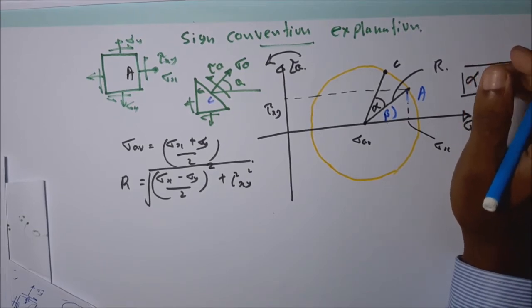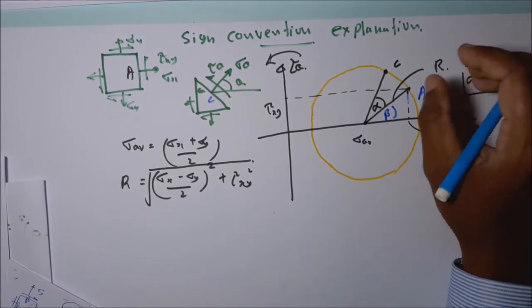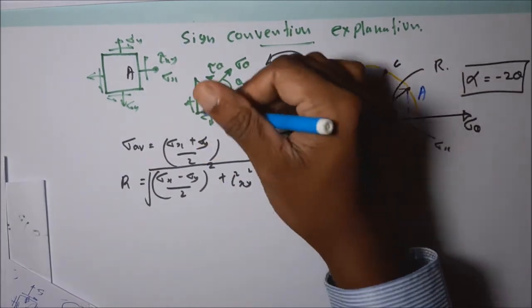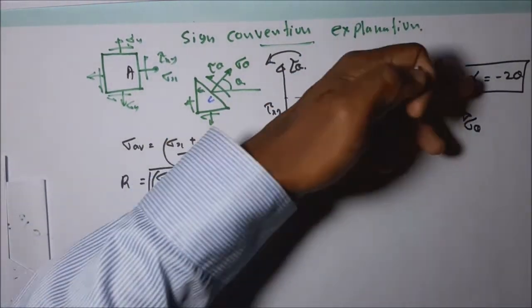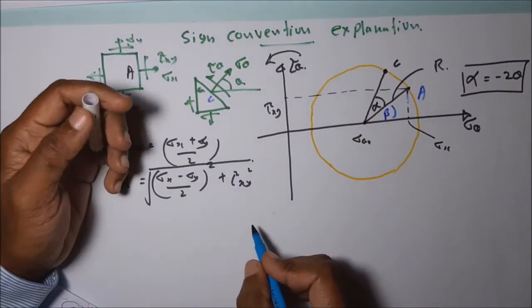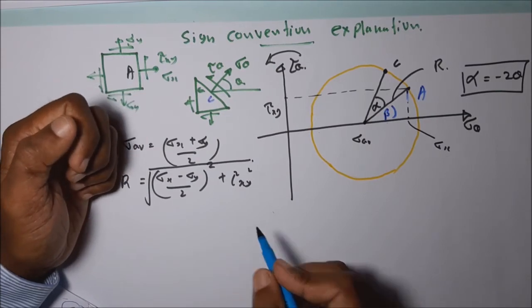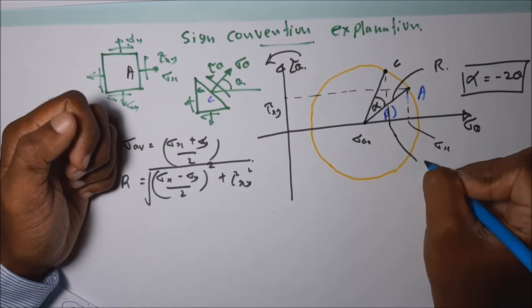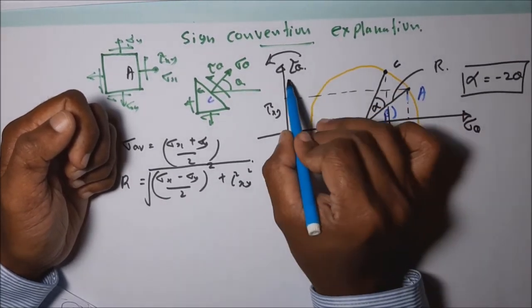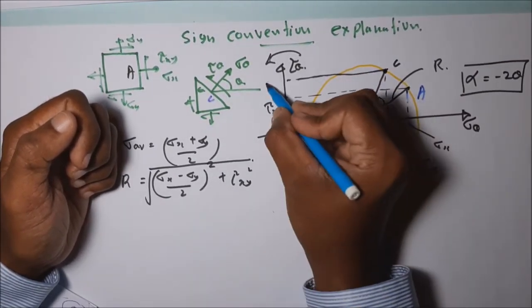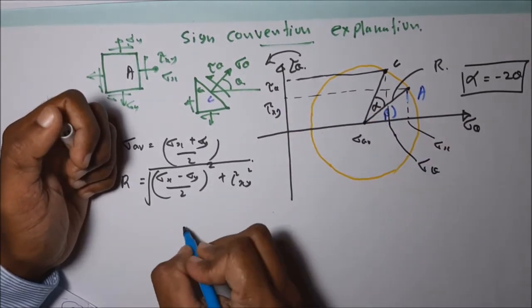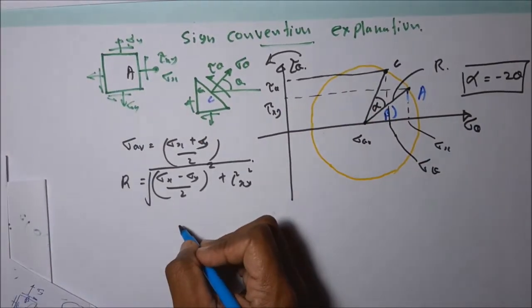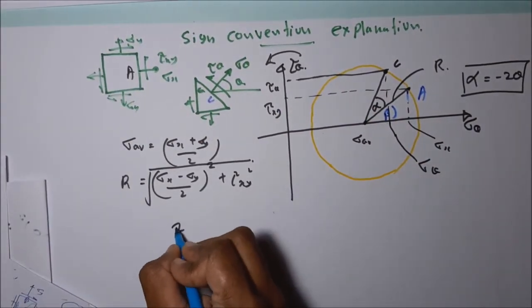If we can obtain this expression, that means we have to assign the sign convention according to that. Then let's take this one as sigma theta, and this one as tau theta. From the planar stress transformation equation, what is tau theta?